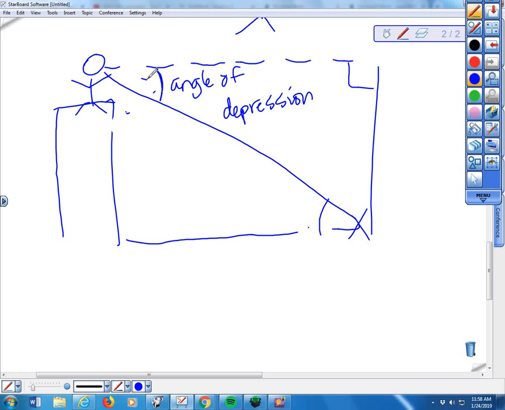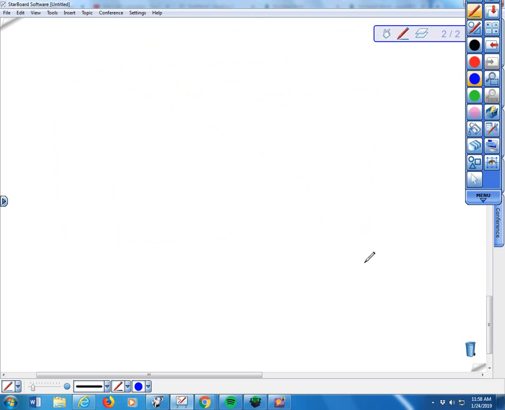Okay, so I'm just going to do a couple of examples of how you use this. This says the angle of depression from the top of an apartment building to the base of a fountain in a nearby park is 72 degrees. So here's an apartment building.